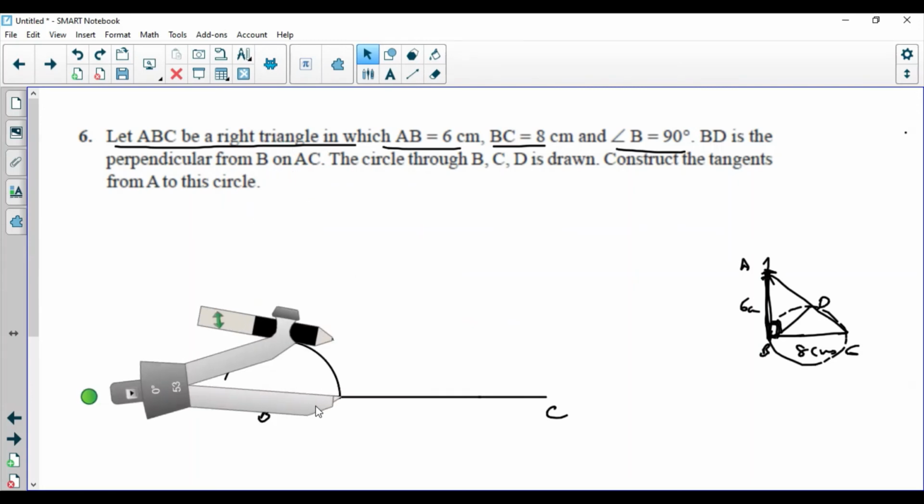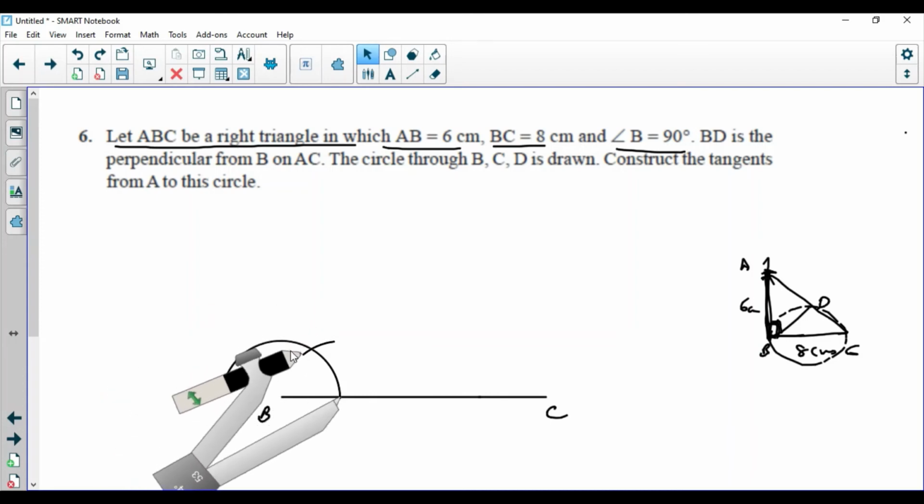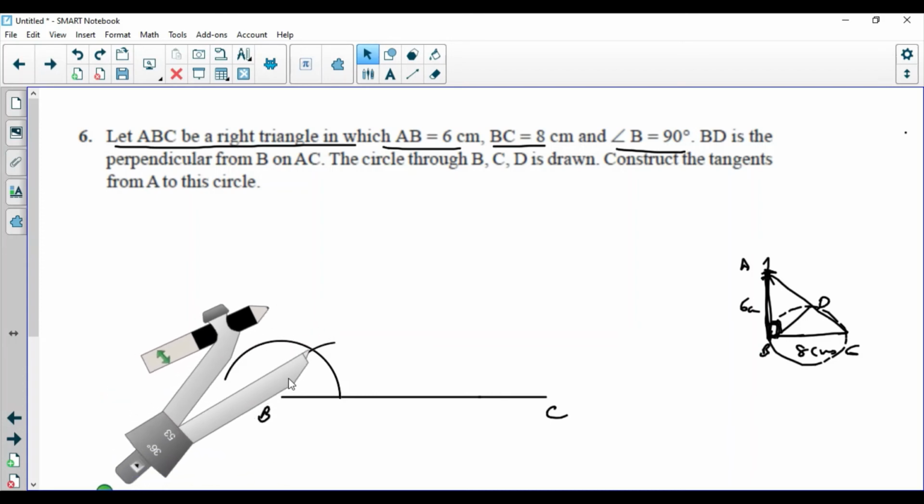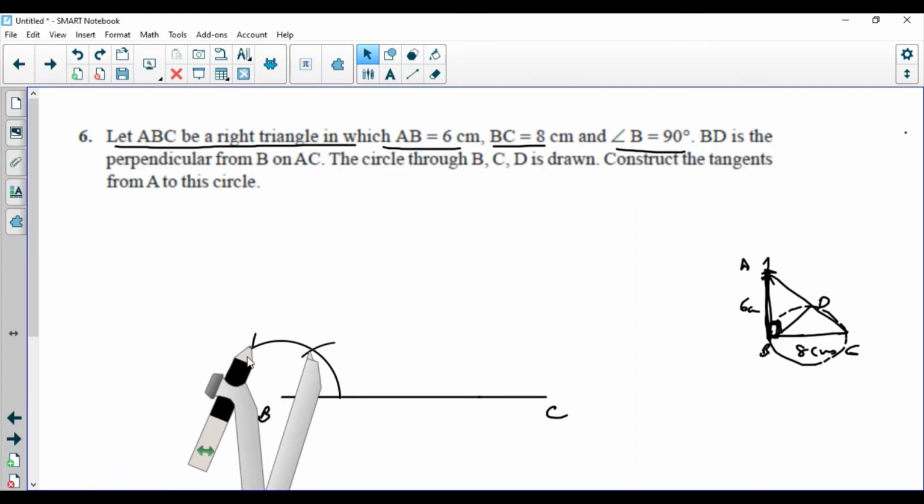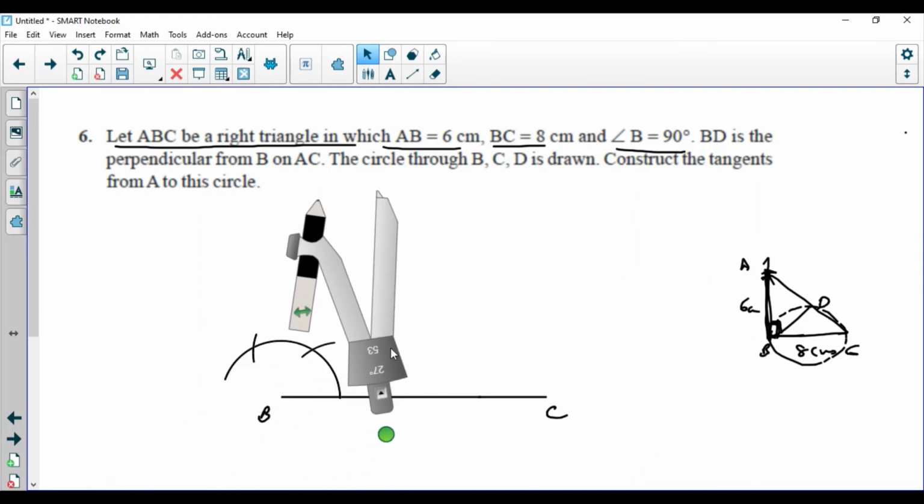For that, keep the radius same. Okay. This one will give 60. This one will give 120.